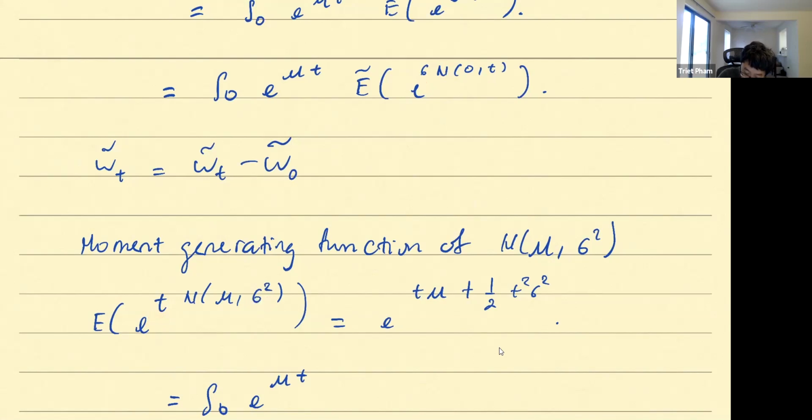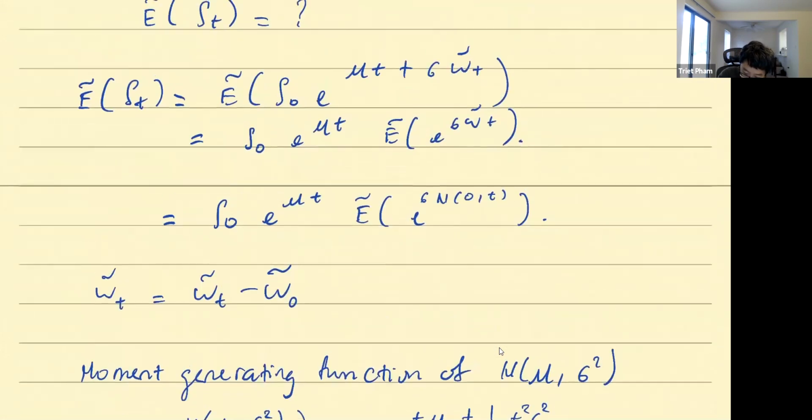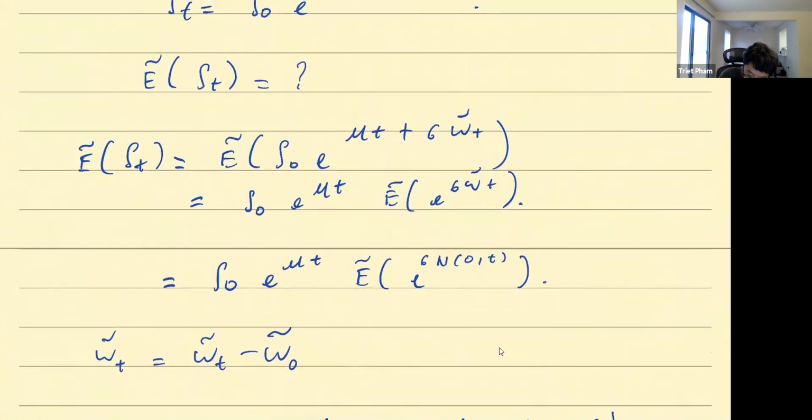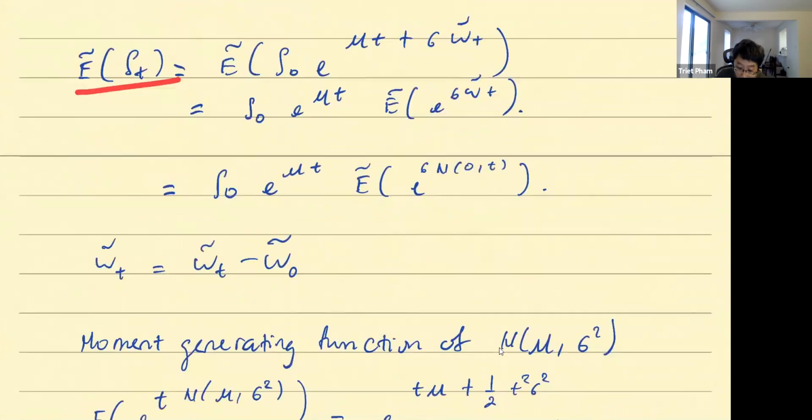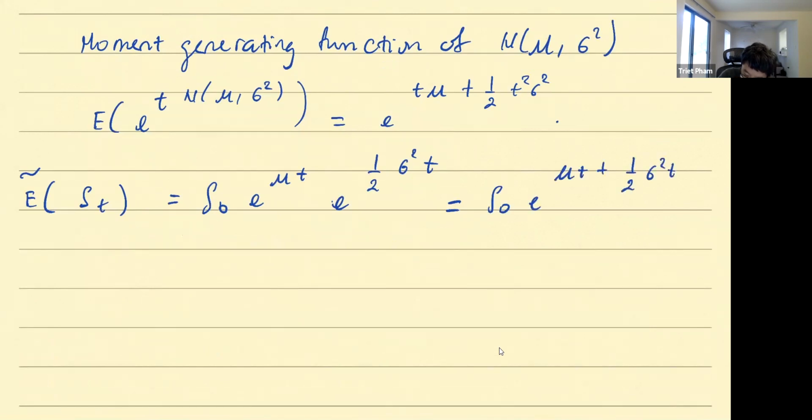So after you apply the formula, you should get 1/2 sigma square times t as your answer. So we get the expectation of the stock price is S0 e to the mu t plus 1/2 sigma square t.